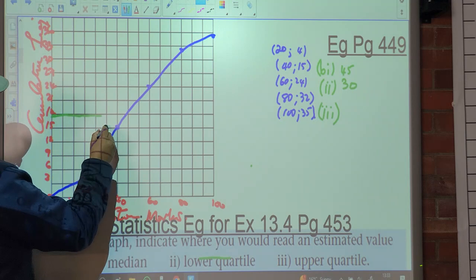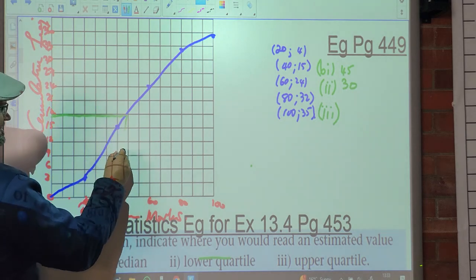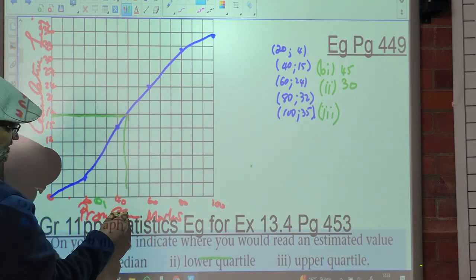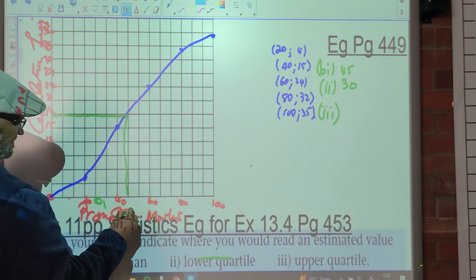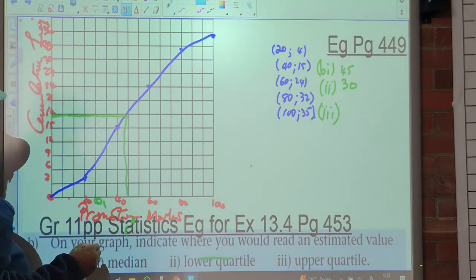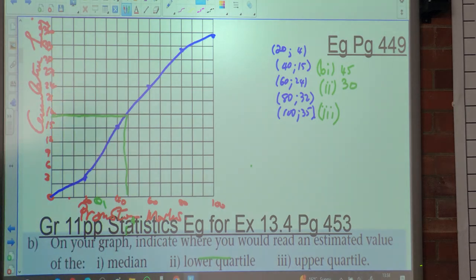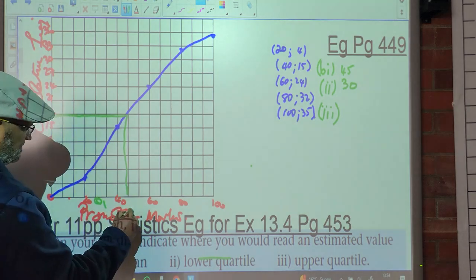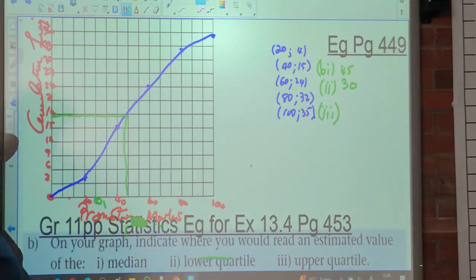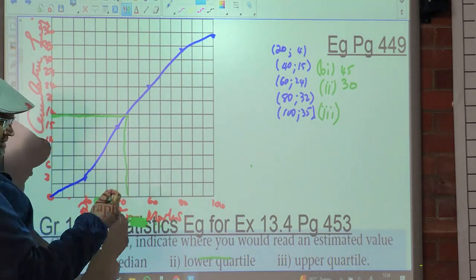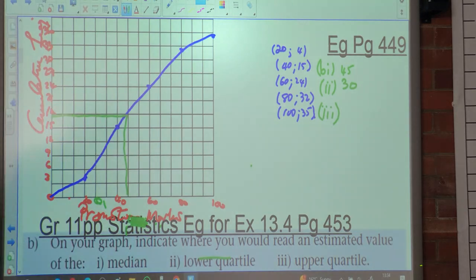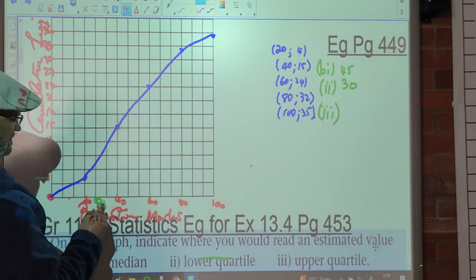With my ruler, I'm going across, and as a D, I turn down. It's going to be an answer of? Sorry? 45. You got 45 here, no? Okay, so I'm going to mark here, that was 45.